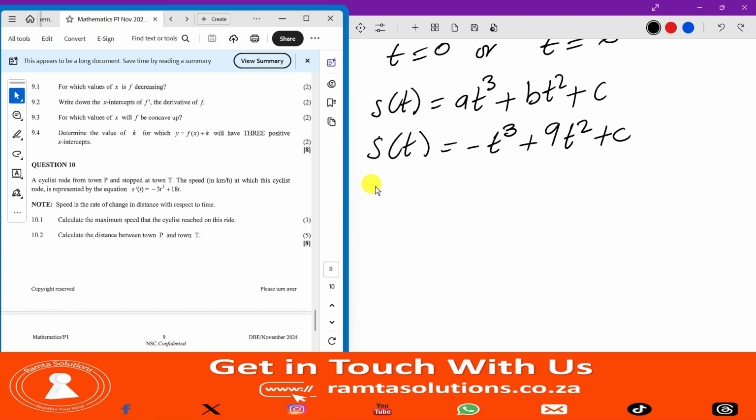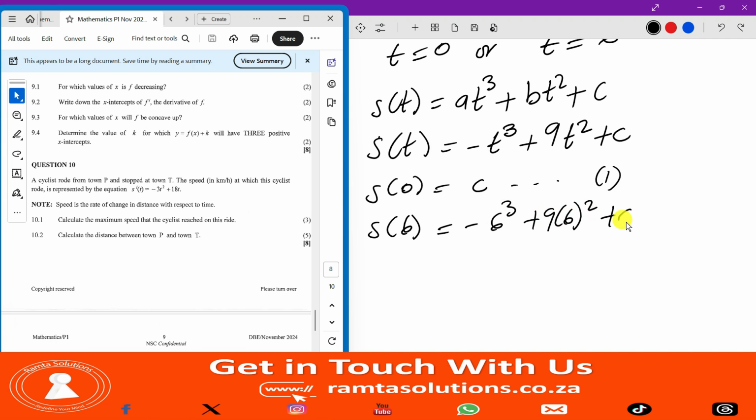Now, s of 0 will not really help us. So s of 0 will be c. All right, this is equation 1. And then s of 6, where there's t, we put 6: it'll be minus 6 cubed plus 9 times 6 squared plus c.